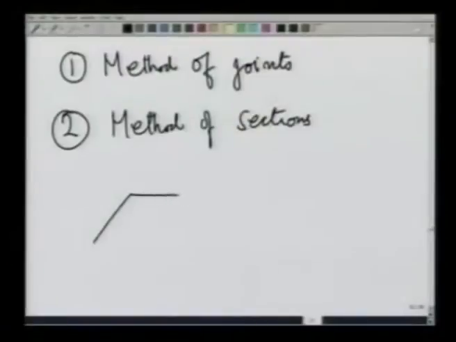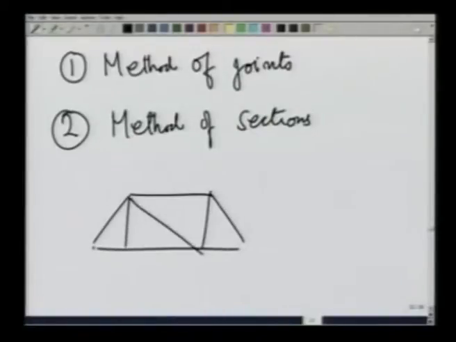So, if I have a truss like this and it is loaded here, then we start with a point where the load is and see how that point is in equilibrium. That gives us the forces in the various members connected with that point in terms of the applied load.